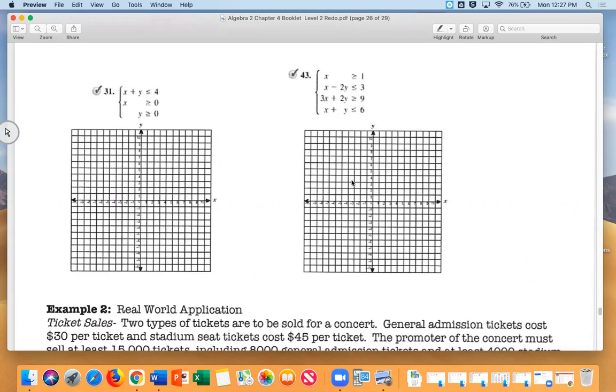So let's look at 43. First off, this is going to get crazy. I already know it's going to get crazy. So, start out with an easy one. It says x is greater than or equal to 1. It's a vertical line through 1. And it's solid.